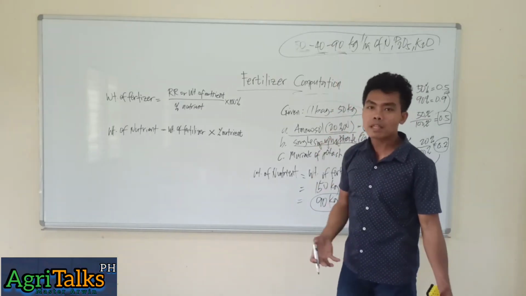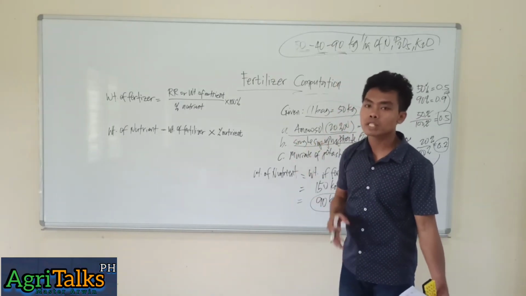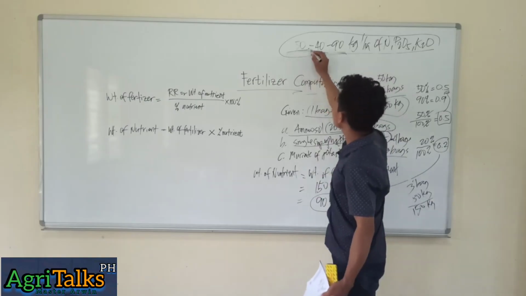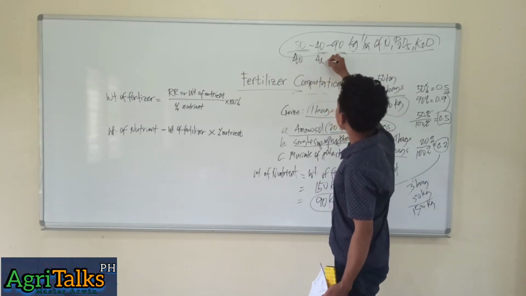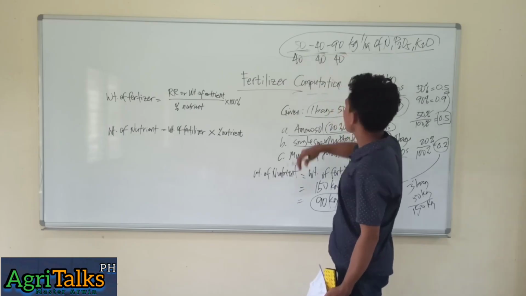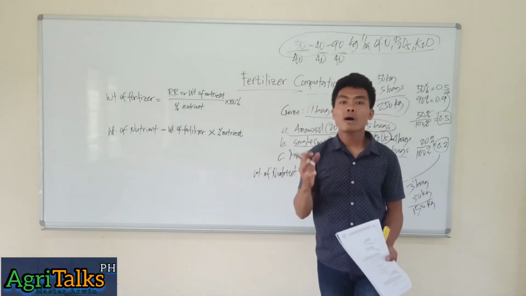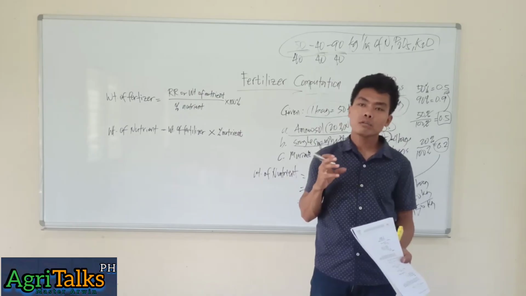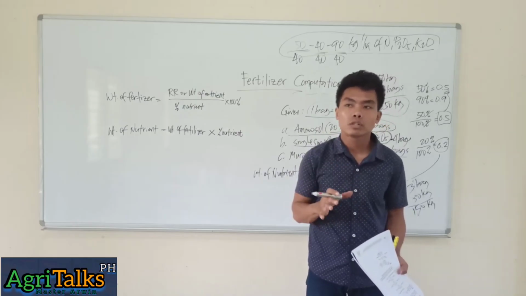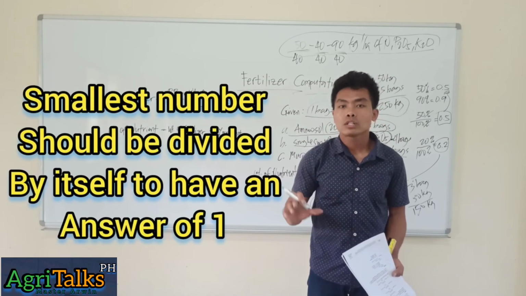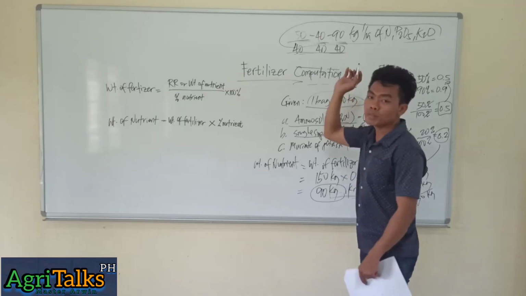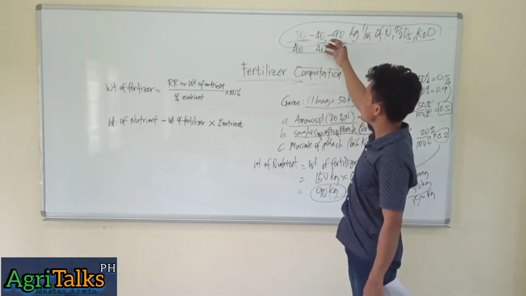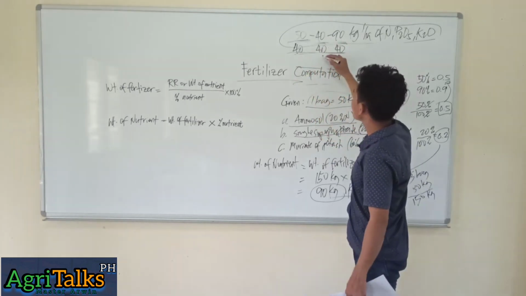So everything should be divided by the smallest number. So meaning, 50 divided by 40, 40 divided by 40, and 90 divided by 40. Why? Because when you are going to ratio, the smallest number should have the answer of 1. So now, 40 divided by 40, that would be 1.